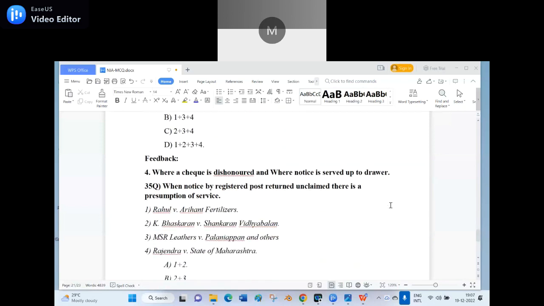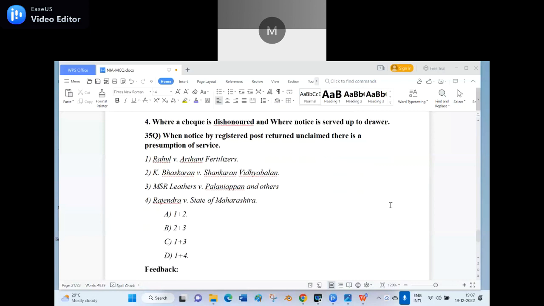So now next question is the 35th question. When notice by registered post is returned unclaimed, there is a presumption of service. Number 1, in which case is this decided: Rahul versus Arihant Fertilizers. 2, K. Bhaskaran versus Shankaran Vidyabalan. 3, MSR Leathers versus Palaniappan and others. And 4, Rajendra versus State of Maharashtra. And he has given the options. A, 1 plus 2.